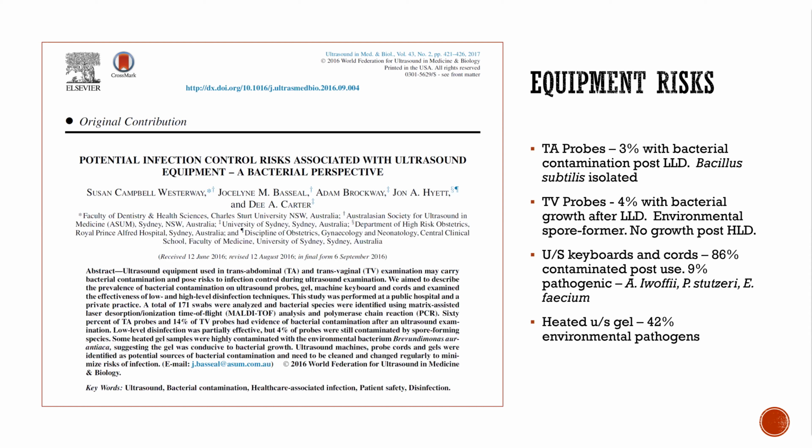This is a really important potential reservoir for infection. They also noted the different types of pathogens found there, and probably the most significant one for us, the one we're always concerned about, is E. faecium. And then again, with heated ultrasound gel, 42% had environmental pathogens in it.